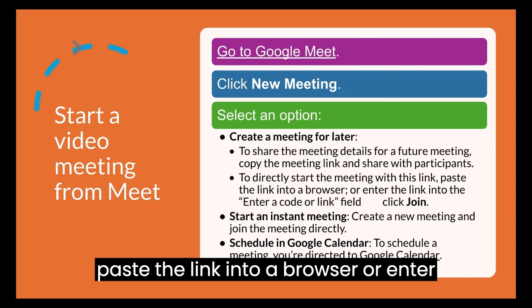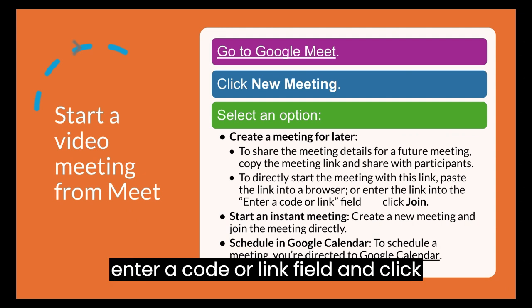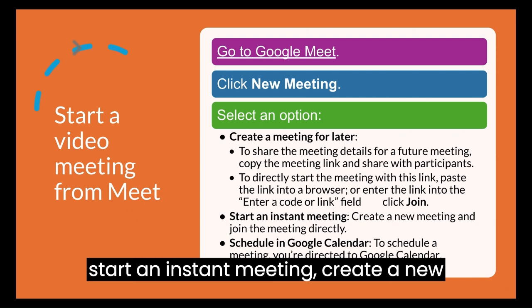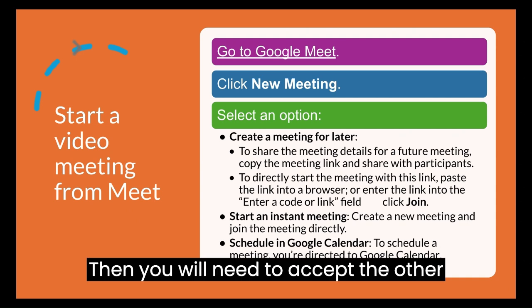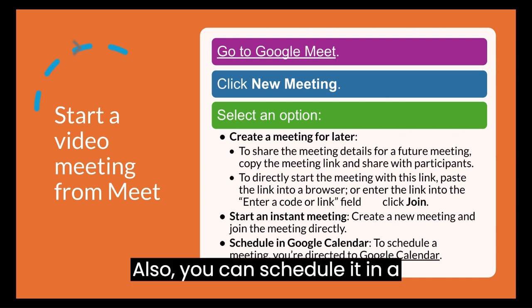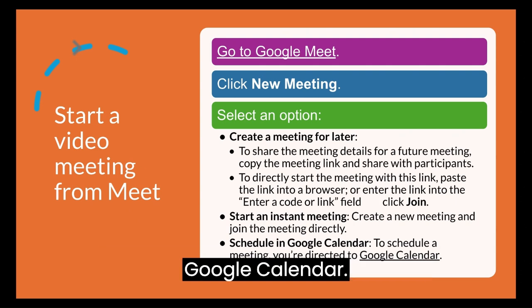Paste the link into a browser, or enter the link into the enter a code or link field and click join. Then you can start an instant meeting, create a new meeting, and join the meeting directly. Then you will need to accept the other participants you shared the link with. Also, you can schedule it in Google Calendar. You're directed to Google Calendar.